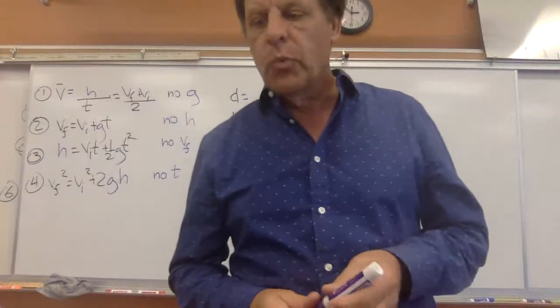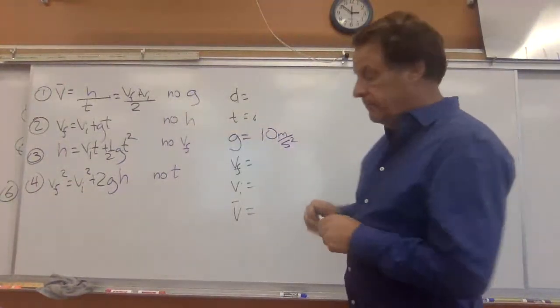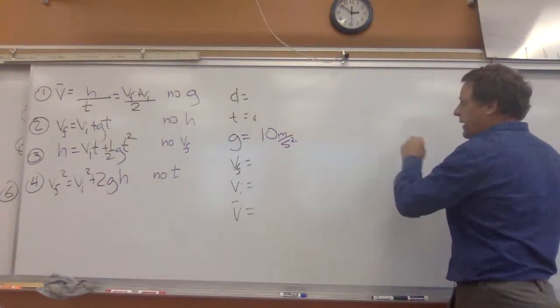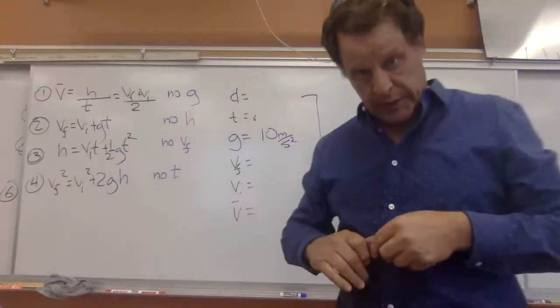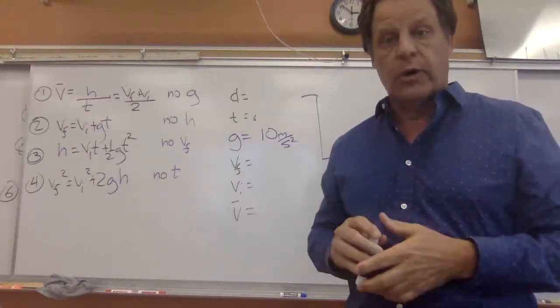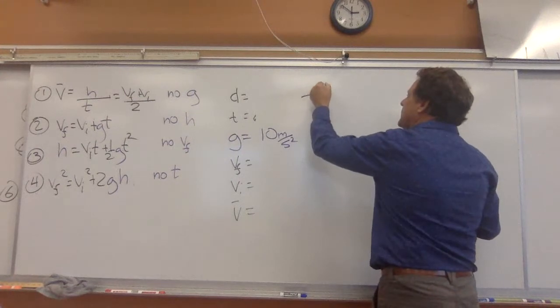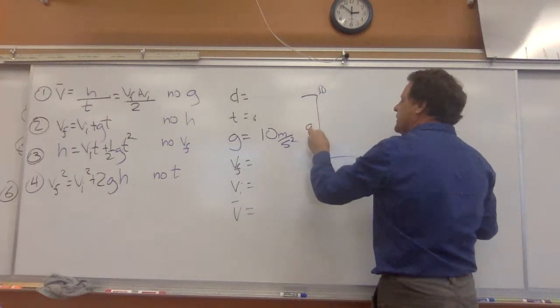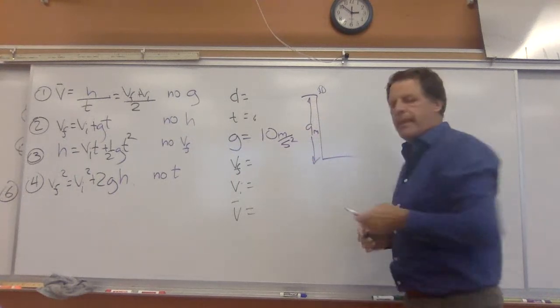For question number 1, a man drops a ball off of a cliff that's 9 meters high. What can help when we're doing problems is to draw a picture. So we've got a ball right here, and it's dropping 9 meters.